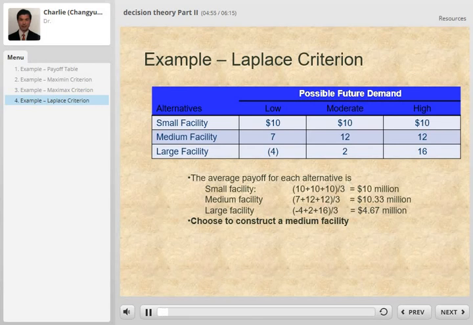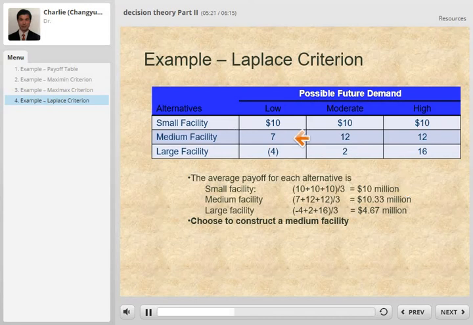Here is a more balanced technique. We're not worried about the worst scenario. We're not shooting at the best. We're taking averages. What we do is for small facility, we take the average of these 3. The average is calculated here. So the average is $10 million.